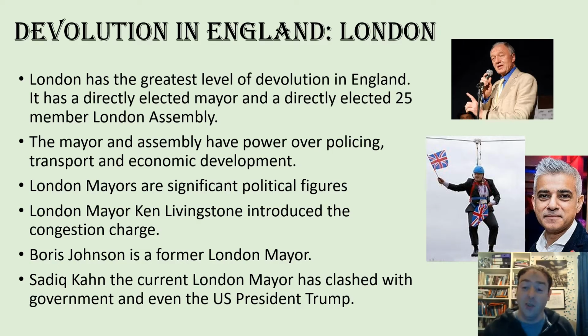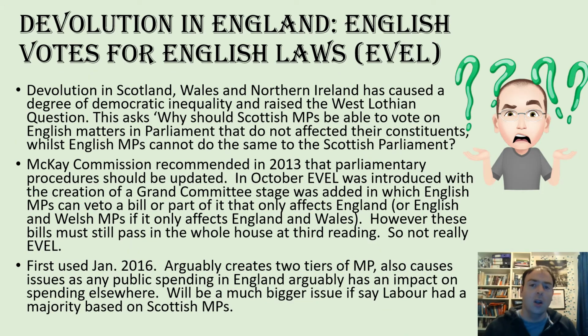So we see an impact here in terms of the creation of another power base and a potential launching pad for political leadership through a party, through having held power in London.